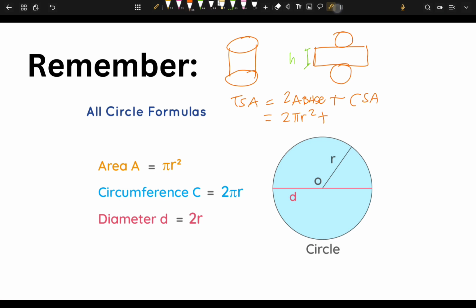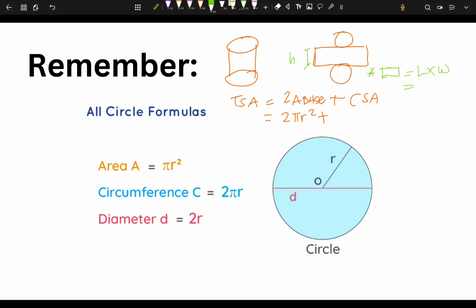Kung papansinin nyo yung shape natin is naka-form tayo ng rectangle. Katulad ng sabi ko sa inyo, this is the height and this is the length. So, yung length natin is the circumference. Therefore, yung area ng rectangle ay length times the width.